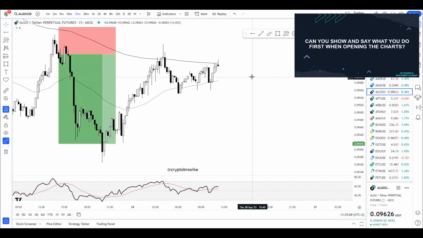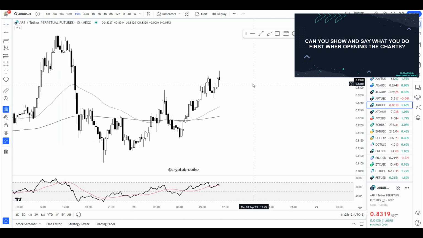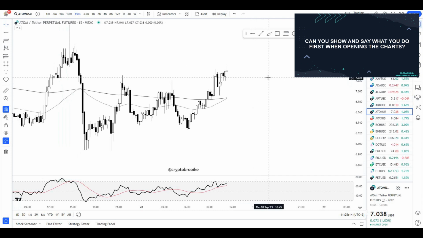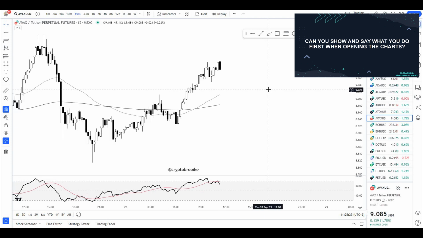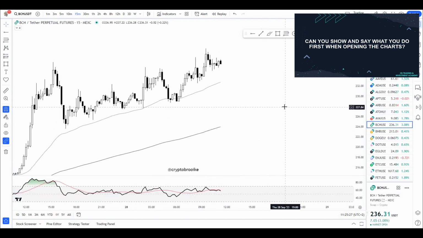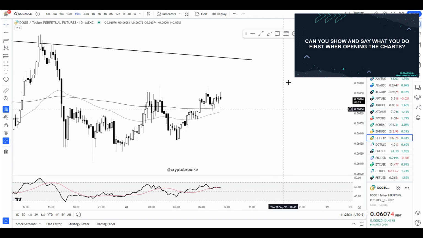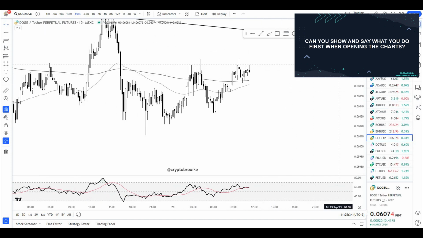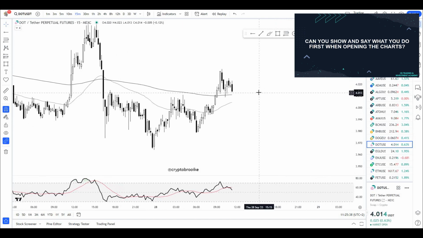So I just go through the charts until I find some candles that I think are fitting the strategy. And sometimes it takes long, sometimes it's every 30 minutes going through this whole list and not finding anything, because the pattern just isn't there.